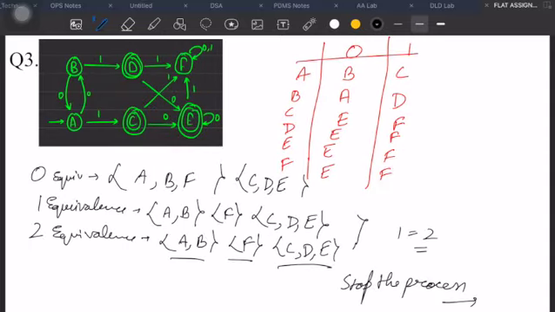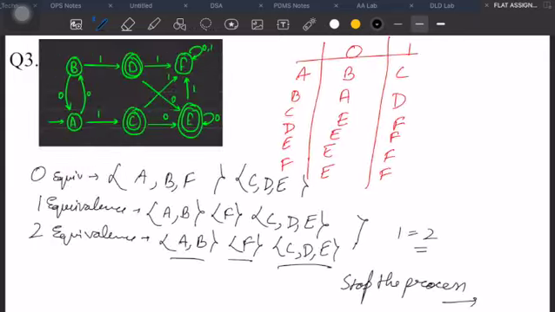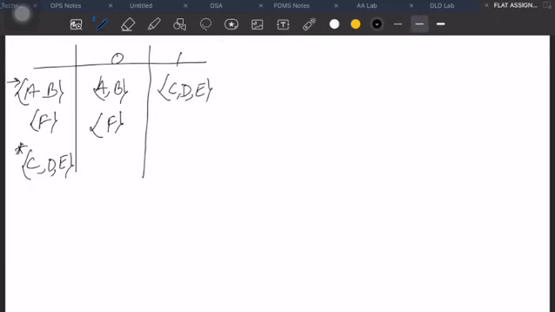On getting input 1, it is going to C and D, and C and D are here in the state C, D, E. Similarly we can do it for F. For F, on getting input 0 it is going to F, and on input 1 it is going to F. Now C, D, E is going to C, D, E on input 0, and on input 1 it is going to F.